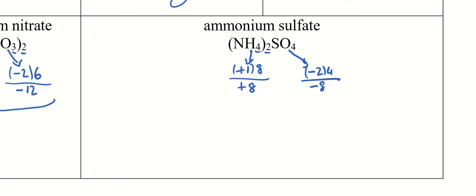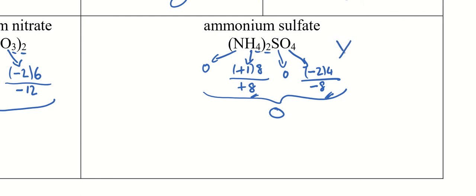Now, we may come to the wrong conclusion that since the overall oxidation state of ammonium sulfate has to be 0, and the +8 already balances off with the -8, sulfur would have an oxidation state of 0 and nitrogen would also have an oxidation state of 0. But that would be wrong, because this is not the correct way of calculating oxidation states when the formula is a lot more complicated.